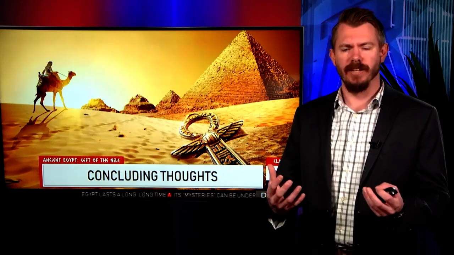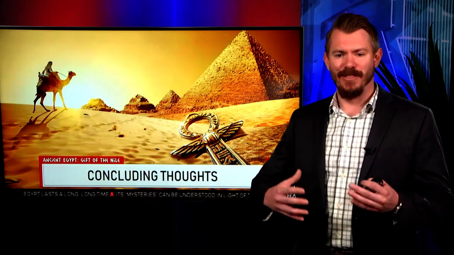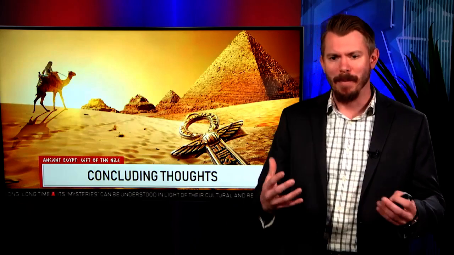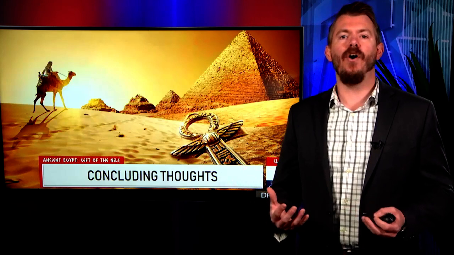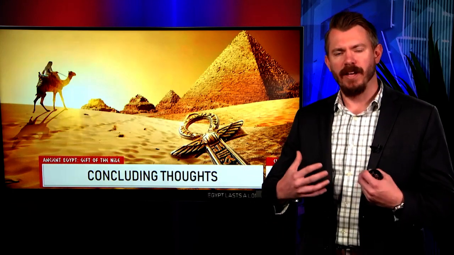The other takeaway is all these things that we consider as mysteries of ancient Egypt, right? The pyramids and the temples and the mummies, the burial masks, that sort of thing. These can all be understood as part of the cultural and religious beliefs of Egyptian society.